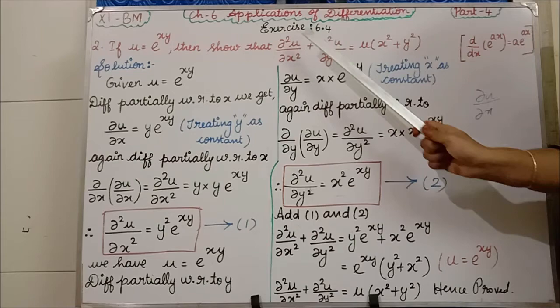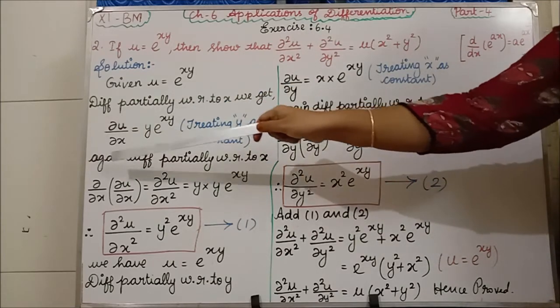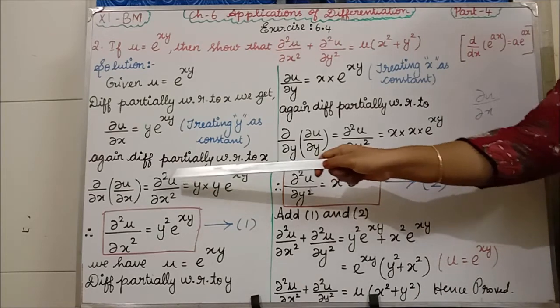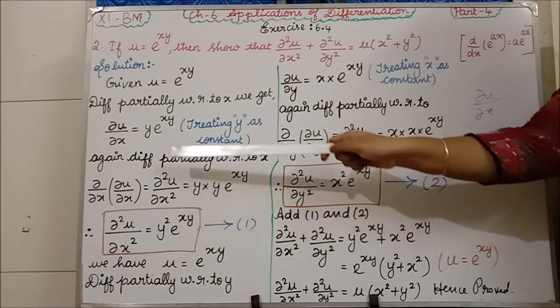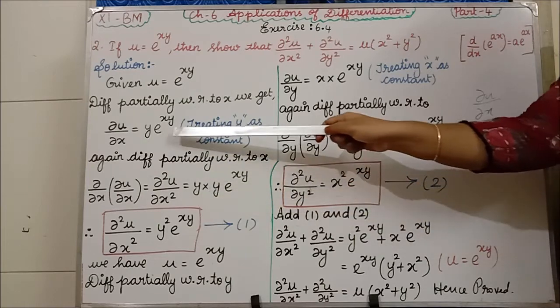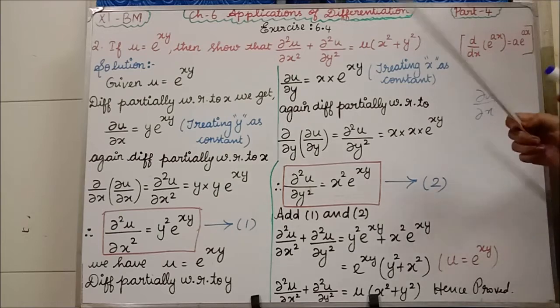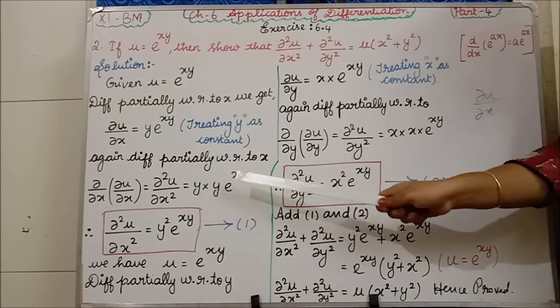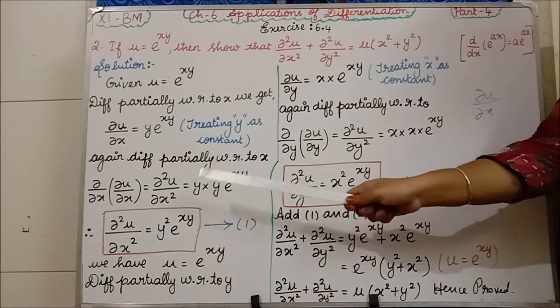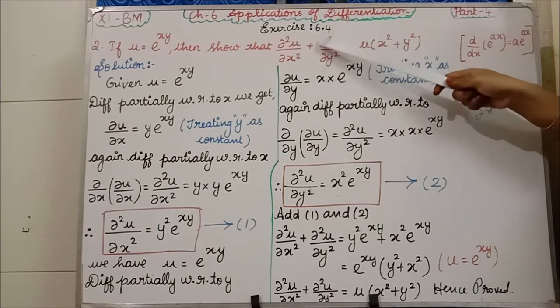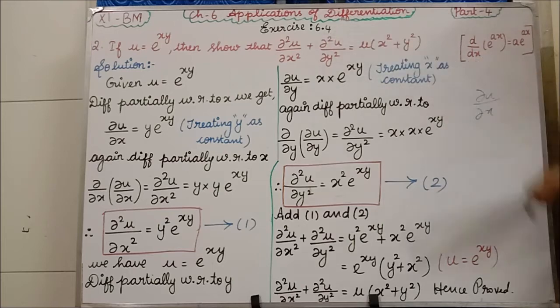Already we have y, and e power xy differentiated with respect to x, with y constant, gives y into e power xy. From this we have got y square e power xy. Mark that as equation 1. Clear? Now next we are going to find del square u by del y square.